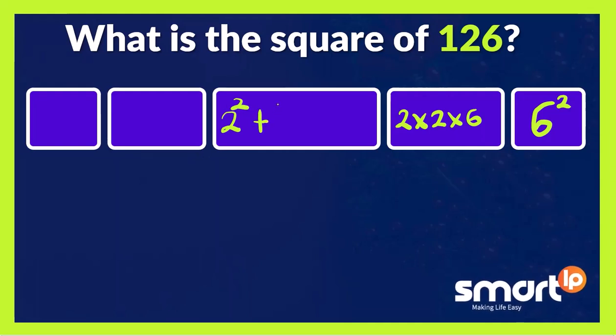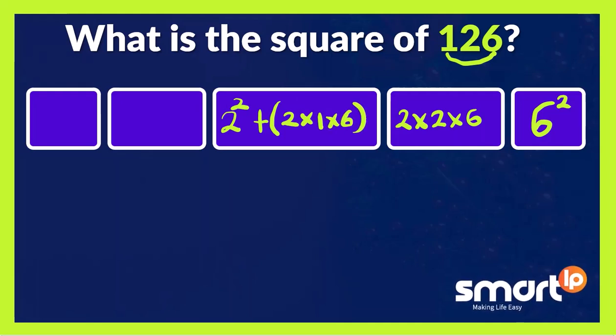Then let's open a bracket. This will be like we're having an open and closed bracket. So in this bracket, you're going to take the first digit and the last digit, and you will multiply them by 2. So that means 2 is going to multiply the first digit and the last digit.